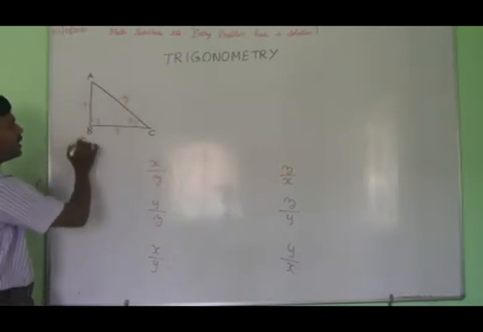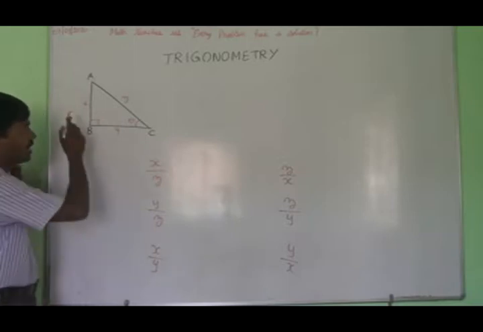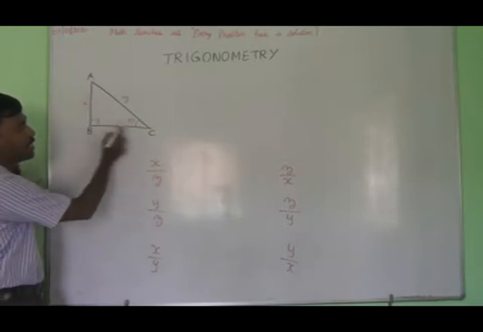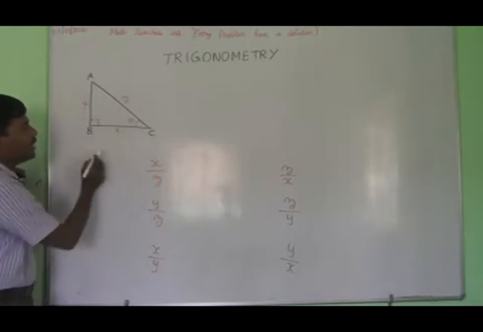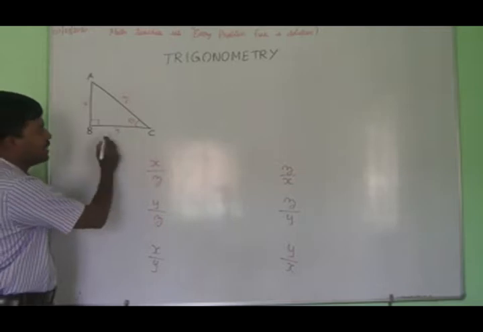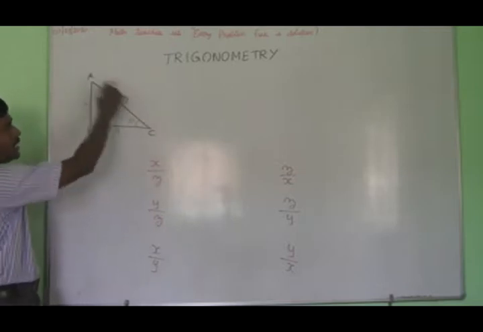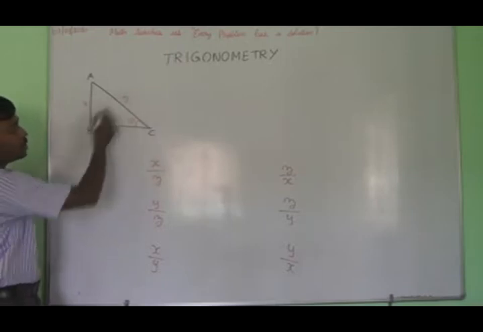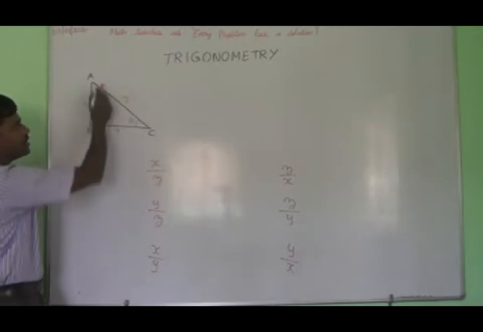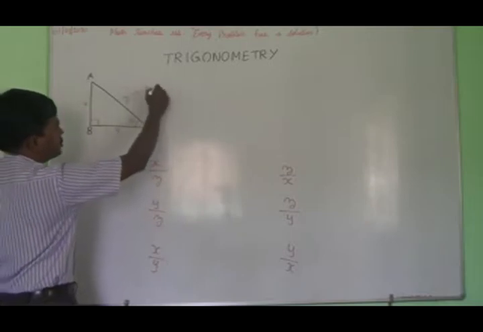This side AB is called the opposite side as it lies exactly opposite to the angle theta. And this side BC is the adjacent side because it lies next to angle theta, and this biggest side, which is just opposite to the 90 degree, is usually called hypotenuse. So this is the hypotenuse.